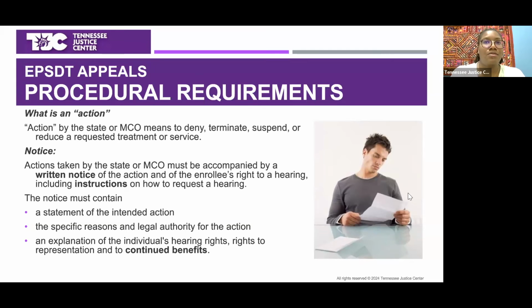If you're receiving care and you get a notice that says that care will be terminated on a certain date, if you appeal, you will have a right to continue receiving benefits while the appeal is pending. So all of that needs to be outlined so families understand how to take next steps in whatever situation they're in.